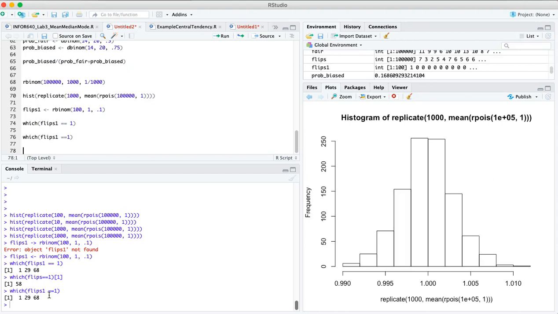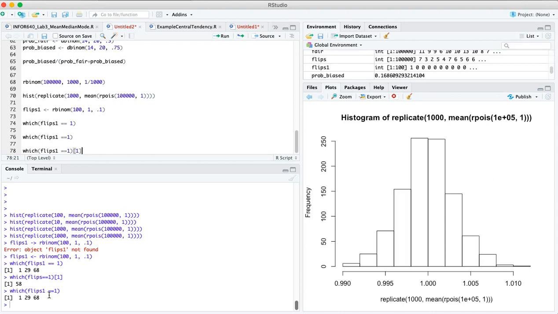So the next thing that we want to ask was, when was the very first time that heads was the first variable? So what was the first time that we had to wait for it? When did our subway car come? So we type which flips1 equals 1, and we want to get the first instance of that.